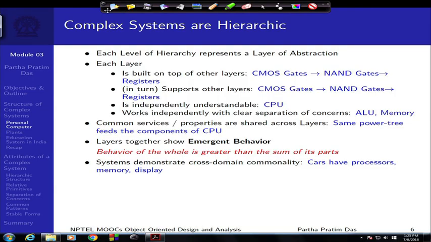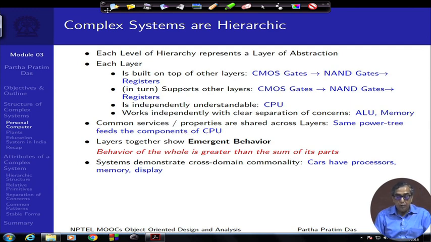There is a power tree which distributes the power to different components. This power tree is a common facility, a common service that is shared by different components, and in many systems we will see that this particular concept will be applicable.